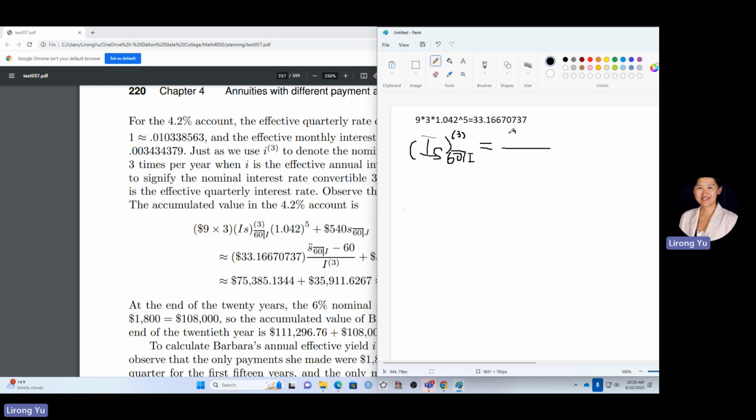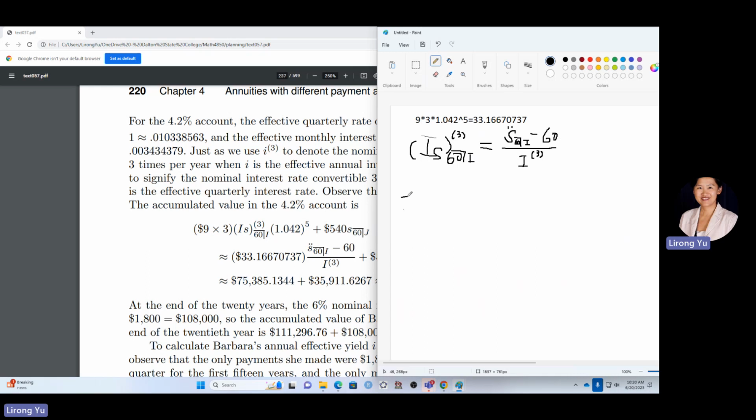It's the S, future value for annuity due. And this is S 60 I minus 60, divided by I 3.